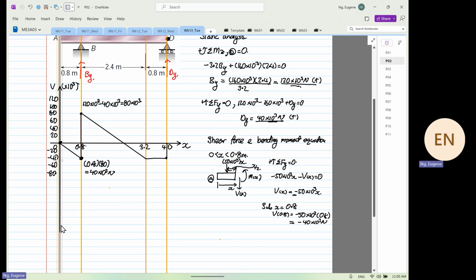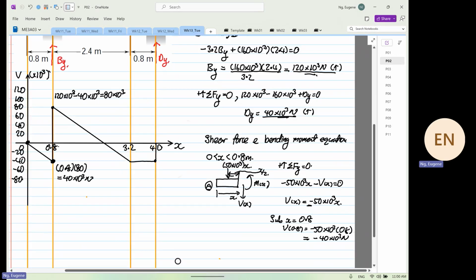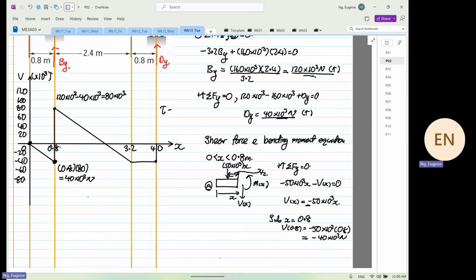Now, by viewing the shear force diagram, if we are going to focus on shear stress, which is equal to VQ over IT, there are two points of interest.